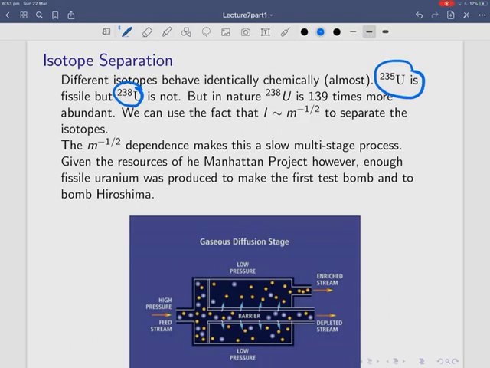But in nature, U-238 is 139 times more abundant. So we'd like to get our hands on U-235, despite the fact it only makes up a very small fraction of naturally occurring uranium. We can use effusion to do this, and this is what they did in the Manhattan Project in the Second World War. They were trying to make a nuclear bomb before the Nazis did.